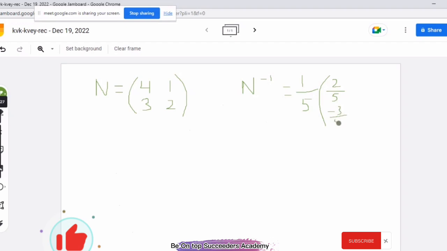So that's why we have 1 over the determinant, which is 5, and then we usually use the adjoint of the matrix.